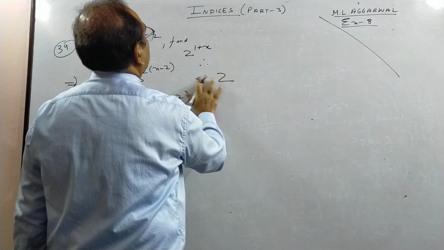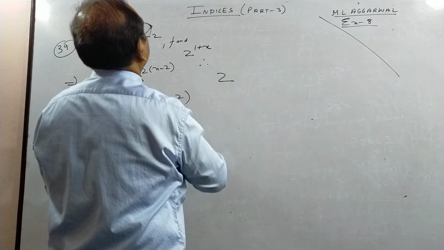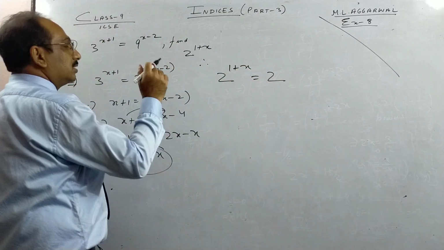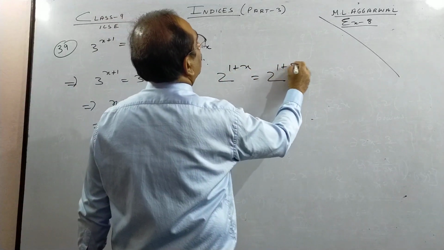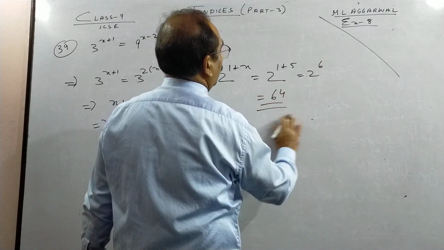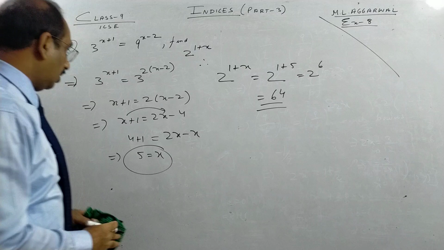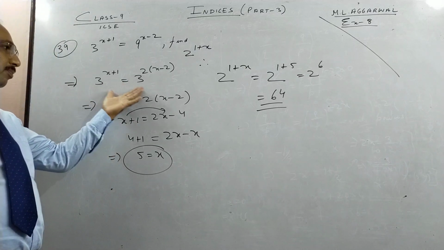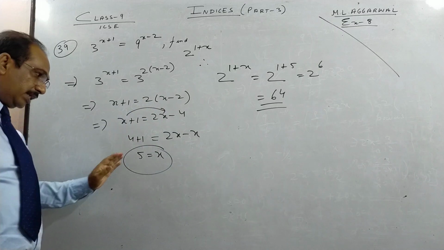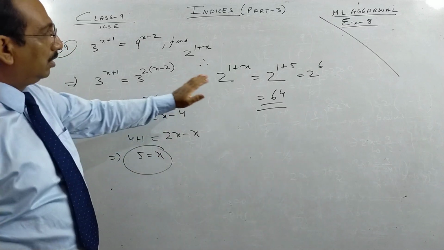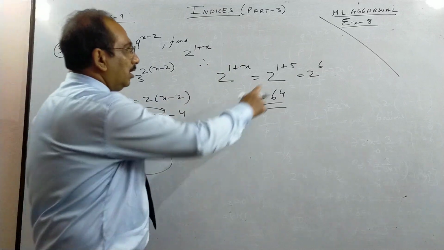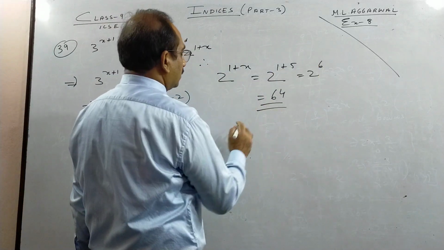Therefore 2 to the power 1 plus x will be 2 to the power 1 plus 5, which is 2 to the power 6, which is 64. So this is how we do it. We make bases equal, equate the powers and solve for x, but x is not the answer, children. 2 to the power 1 plus x we have to find, and 2 to the power 6 is 64.